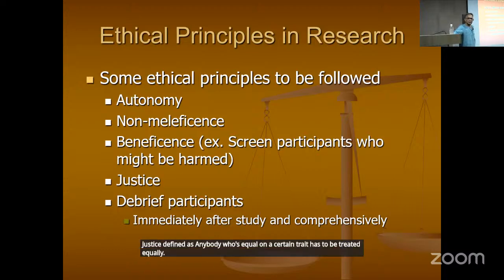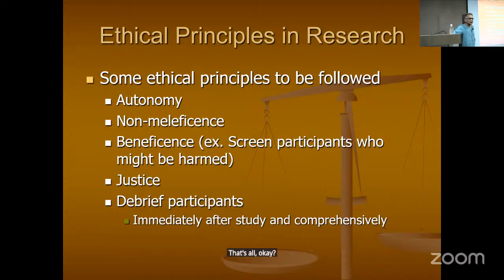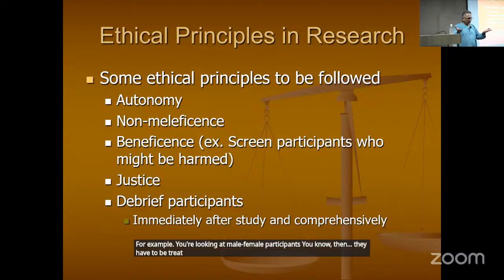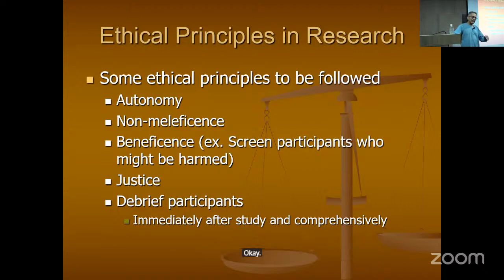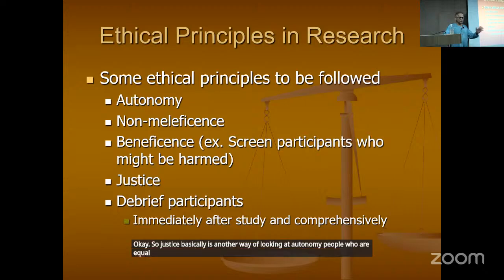That is called justice. For example, if you're looking at male-female participants, then they have to be treated the same way. So justice is basically another way of looking at autonomy. People who are equal on something must be treated the same way.